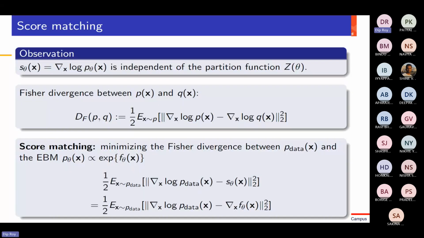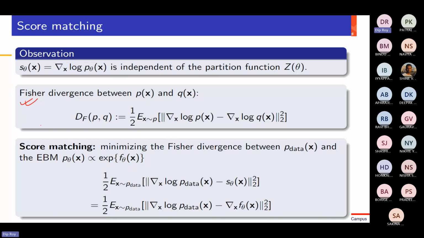Let's move here. So we saw that this was your score function, and this is independent of the z theta because your z theta got cancelled out when you took the gradient, and it moved to 0. That brings us to one key objective when you are using score matching, which is called the Fisher's divergence.